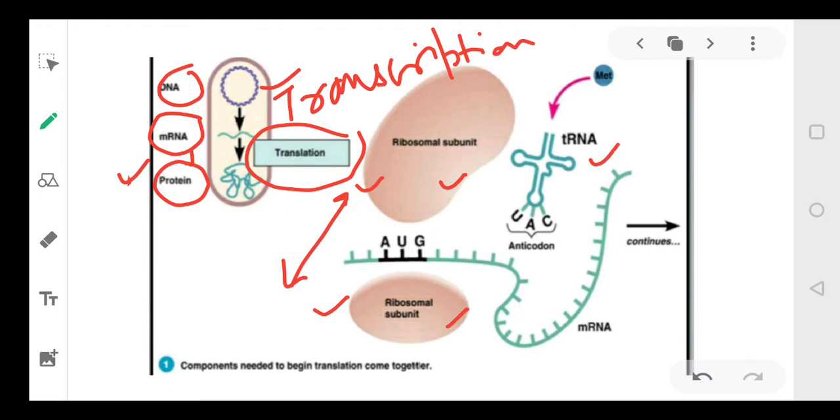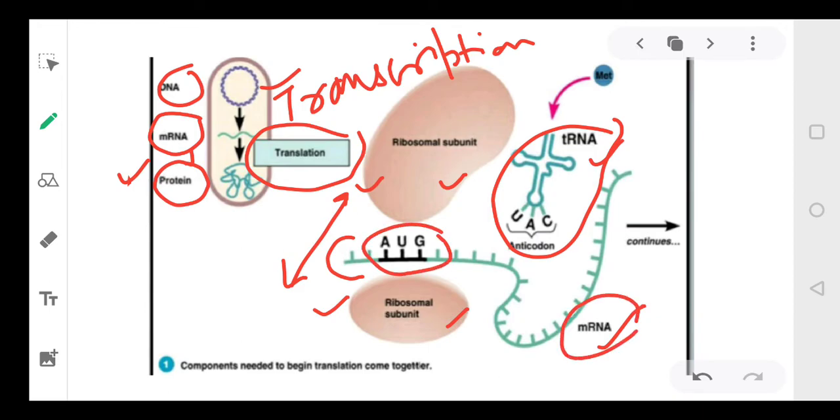Secondly, we will require the mRNA, because mRNA has the information from which we can make the proteins. Third is the tRNA. The information present on mRNA can only be read by the tRNA. The information on mRNA is in the form of codons. I hope you remember the genetic code. The genetic code is always in the form of codons.